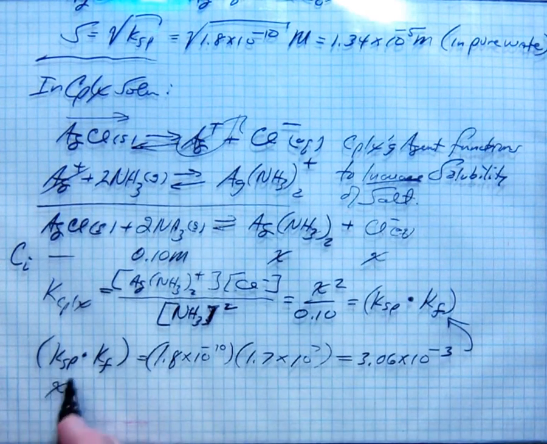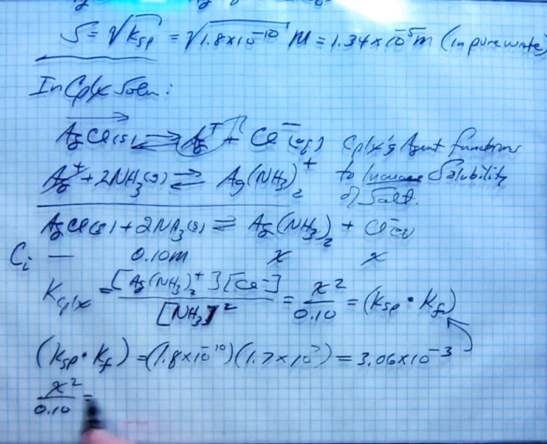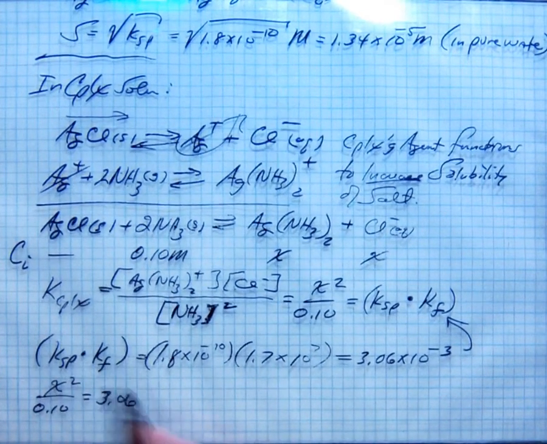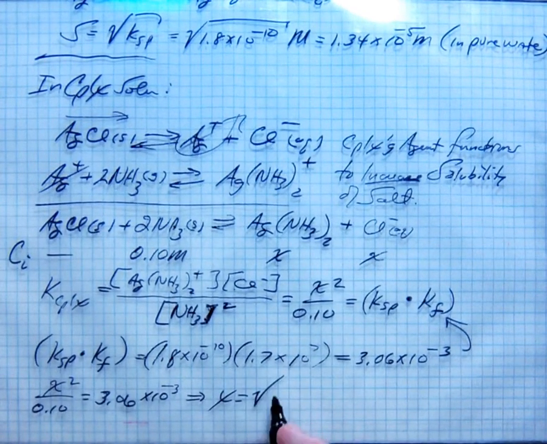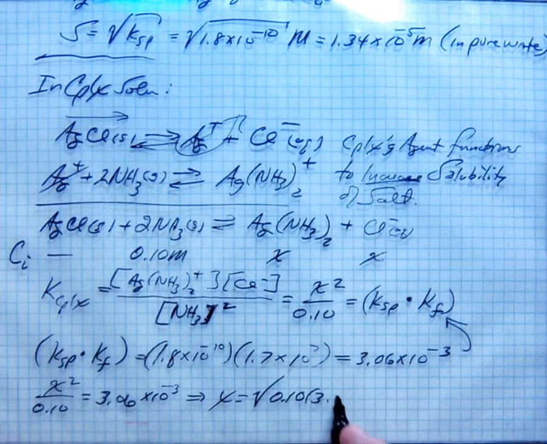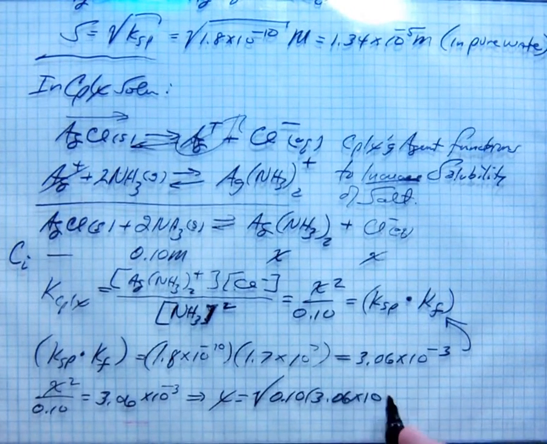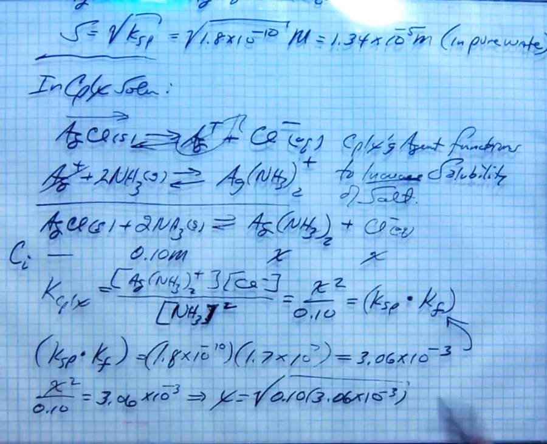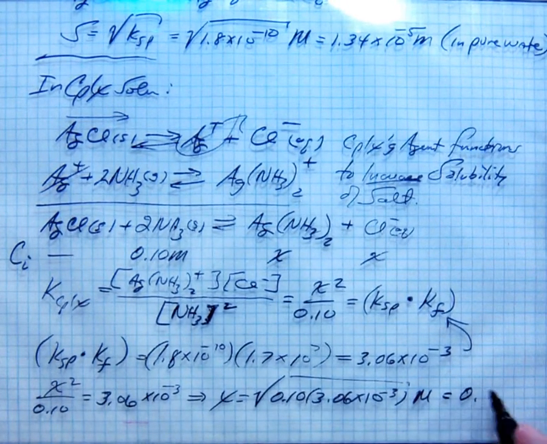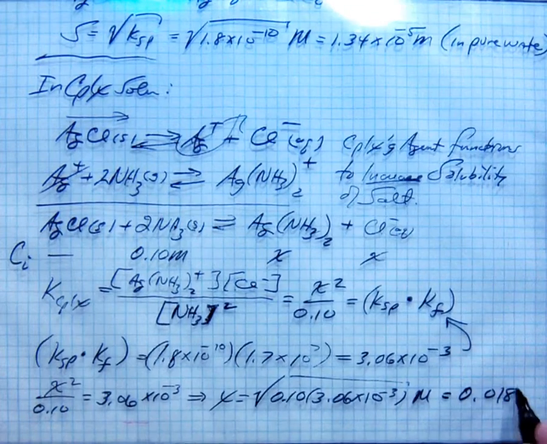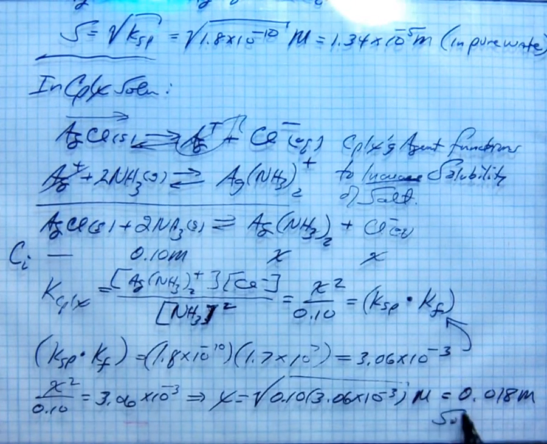So we can take x squared over 0.10 to equal 3.06 times 10 to the minus 3, which gives x equal to the square root of 0.10 times 3.06 times 10 to the minus 3 molar for the solubility, and that gives us a 0.018 molar solubility.